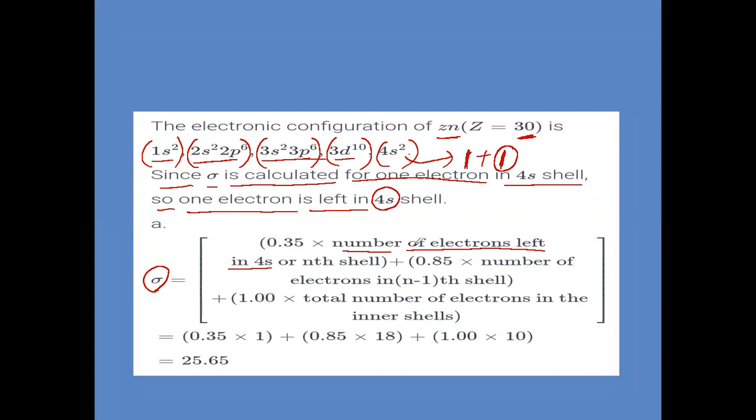So 1 electron left over into 0.35. This value is given by Slater's rule, which we are using to calculate the sigma value. So 1 electron in the 4s orbital times 0.35; this value is a constant given by Slater.